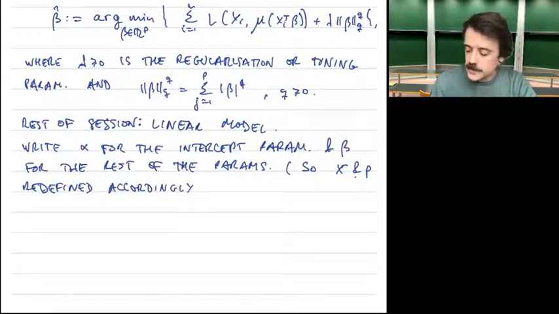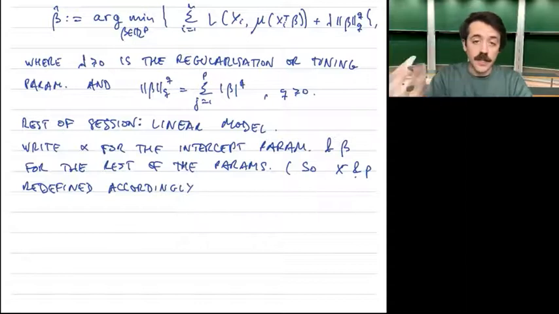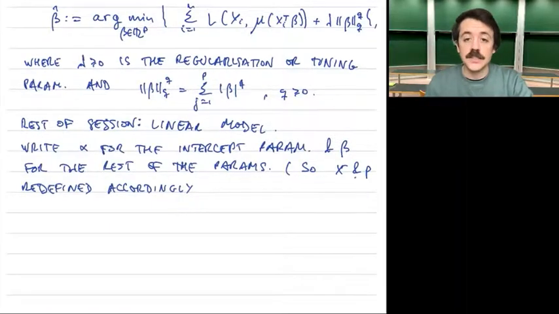What do I mean by this? Well, the design matrix, the first column was going to be all ones, so we're going to take that one out, and then the remaining matrix is X. And with P, now we've taken out one parameter. So the design matrix is n times P minus 1, but we're going to call this P. Okay, so we're redefining these quantities.